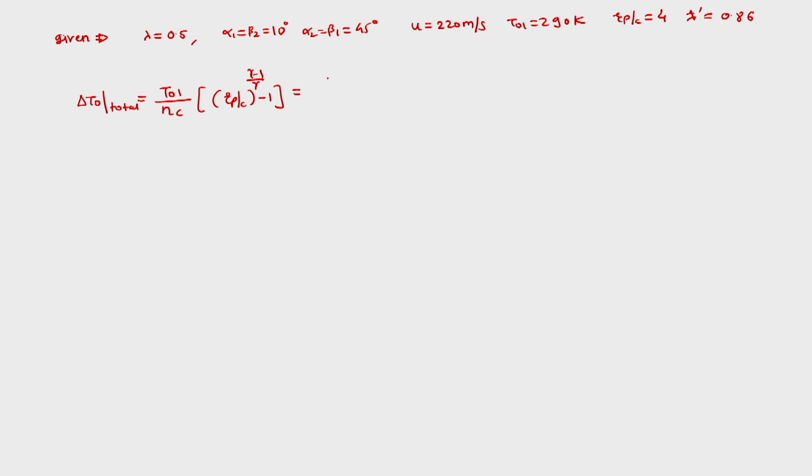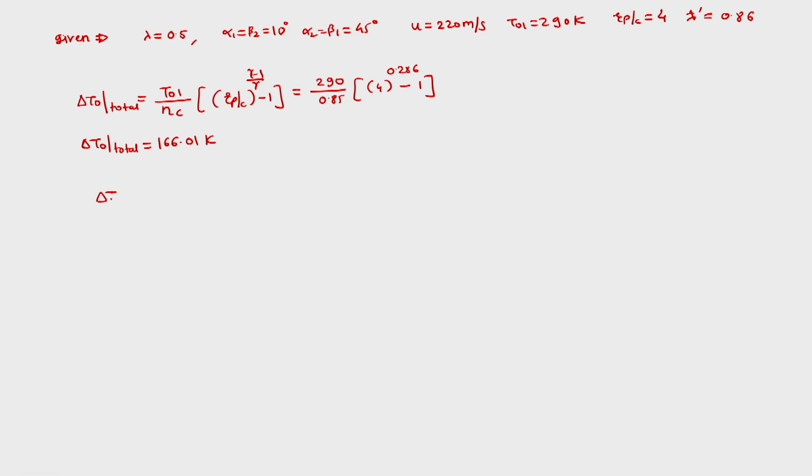So we have T01, which is told as 290, divided by 0.85, bracket raised to 4 into 4 raised to 0.286, which is known to us, minus 1. So this gives us the total temperature change in the complete compressor as 166.01 Kelvin.